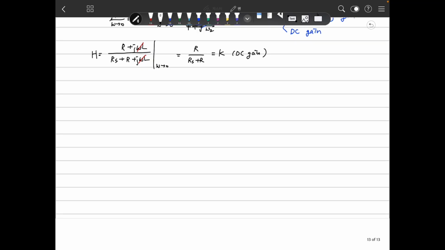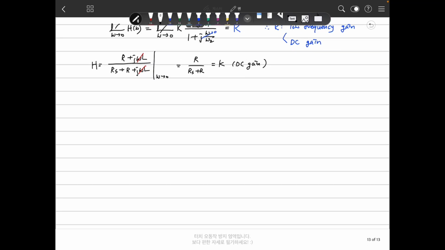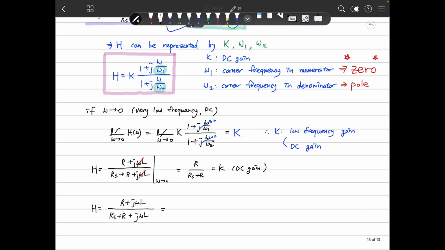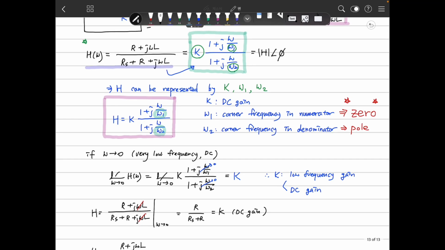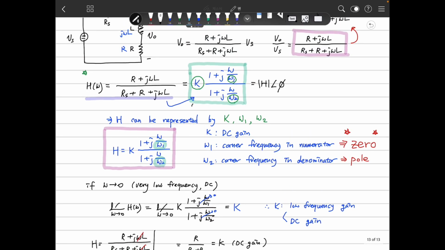We can get this again in another way. H was (R plus j omega L) over (Rs plus R plus j omega L), and we rewrite this transfer function in this manner.